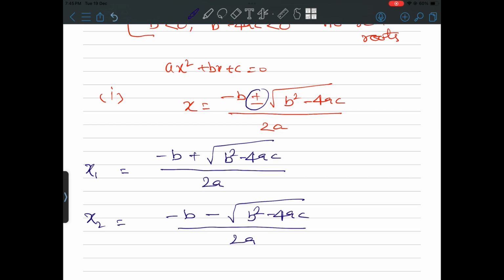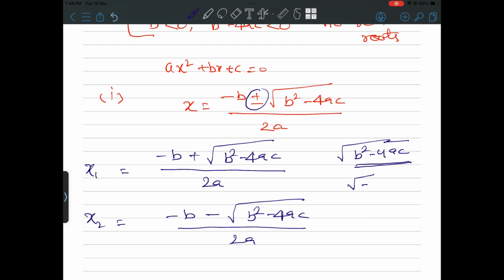Now just notice that there's an under root b square minus 4ac here, right? If you correlate this under root in the formula with the concept we just learned about the nature of roots, if the value is negative, it means something negative is under root.